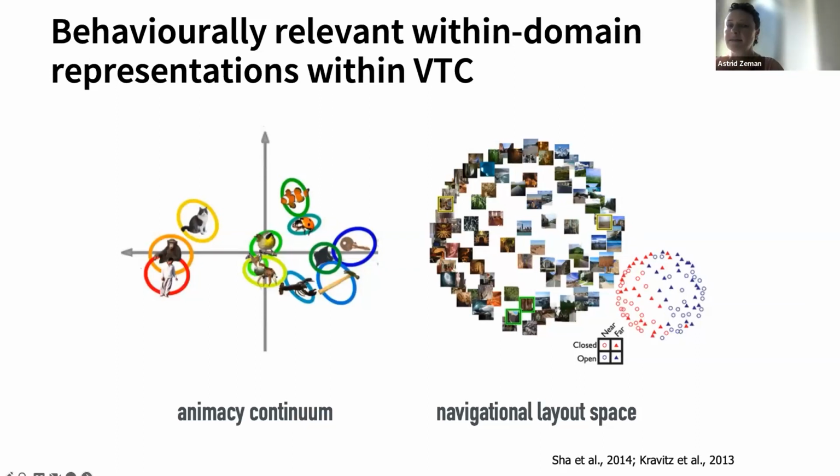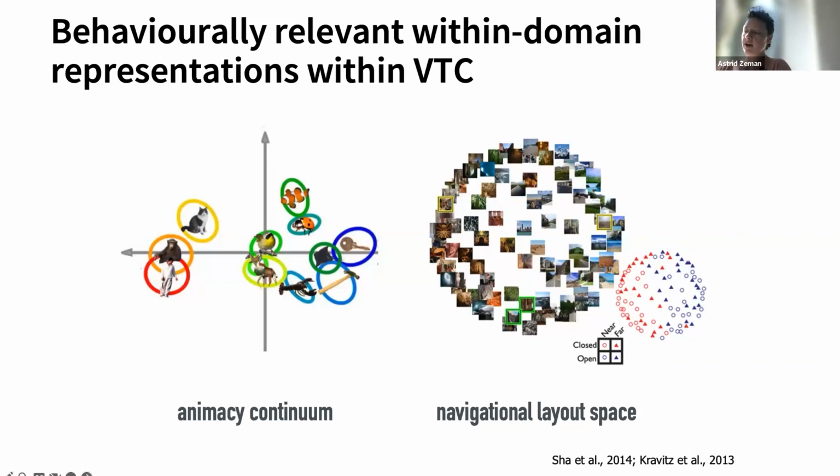So the second aim from this paper was to look at within domain representations, because we know that VTC, ventral temporal cortex, which is the seat of object recognition, contains very behaviourally rich representations. For instance, animacy areas do not respond equally to all animals. And you have this on the left, what's known as an animacy continuum.